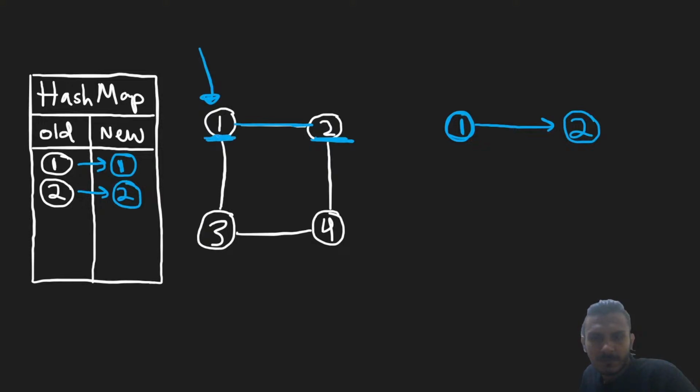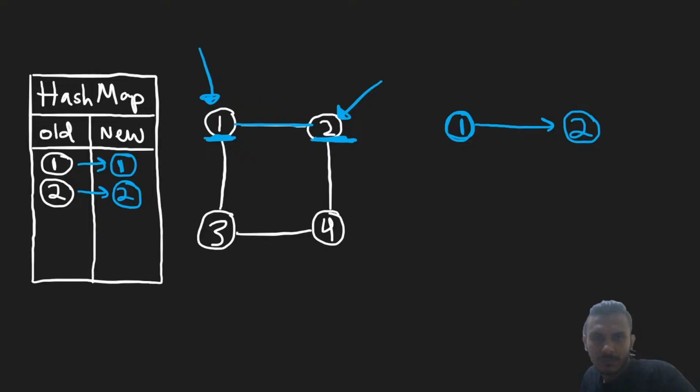So now we've cloned 1 and we've cloned 2. And for 2, now let's look at 2's neighbors. Well, look, you can see that it has a neighbor of 1, right? And it has a neighbor of 4. So first, we have to add the clone of 1 to the list of neighbors for 2, which we haven't done yet.